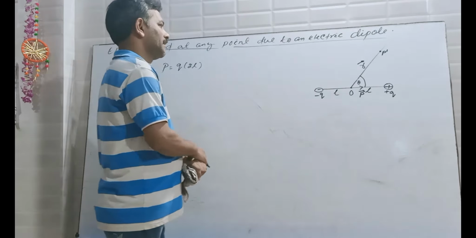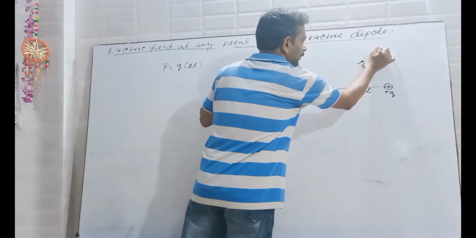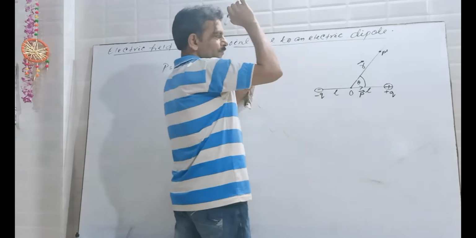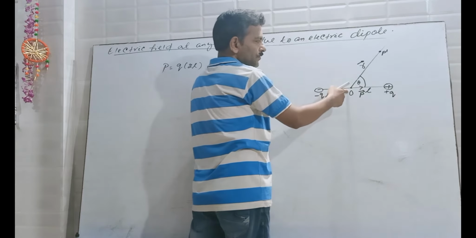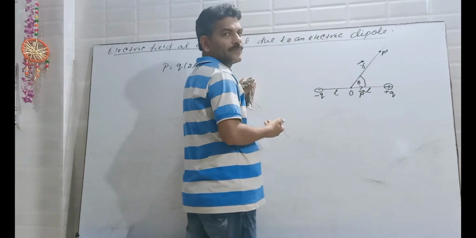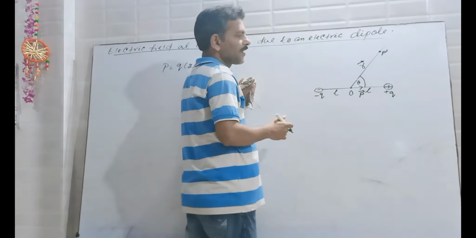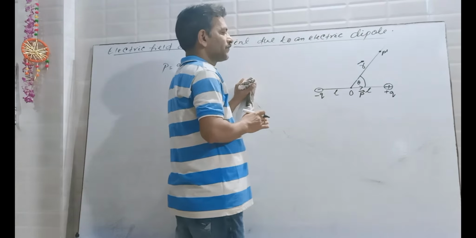P dash is the point at which electric field is to be determined. The position vector of P dash with respect to O is R. P dash is at a distance R from O. And theta is the angle between R and P.